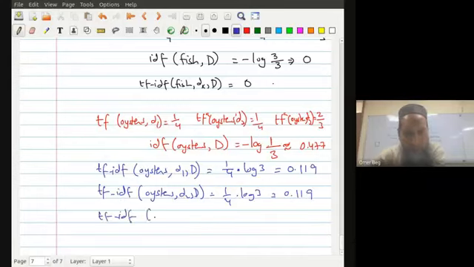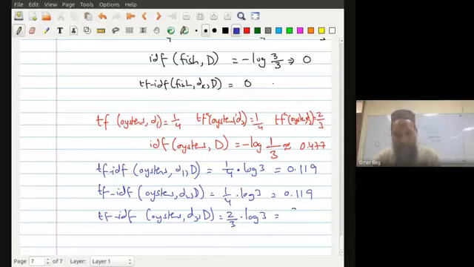TF-IDF for oysters in document 3 is 2 by 3 multiplied by log 3, and you can figure out this has a higher value, about 0.27 probably. So you can calculate the actual value.